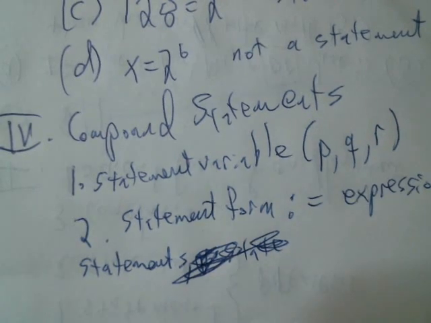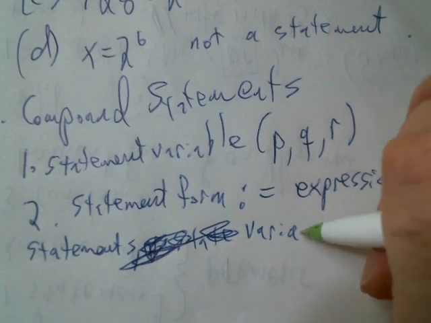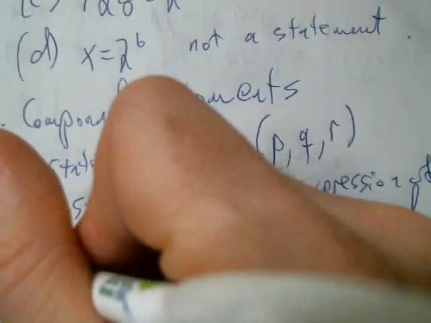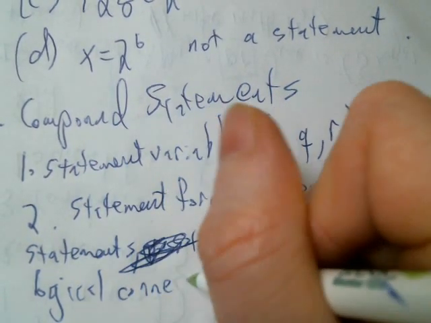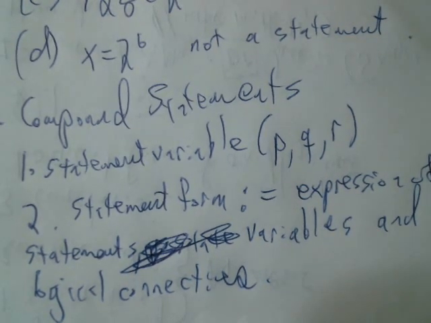So let's just say it's an expression with statement variables and logical connectives. Okay, so logical connectives will be like those words and, or, if then, things like that.